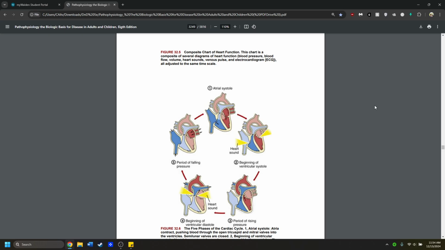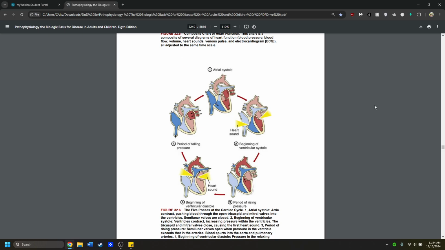So here we see the atrial systole. It's when those atriums contract and blood flows into the ventricles. Then the beginning of ventricular systole is when the ventricles contract.